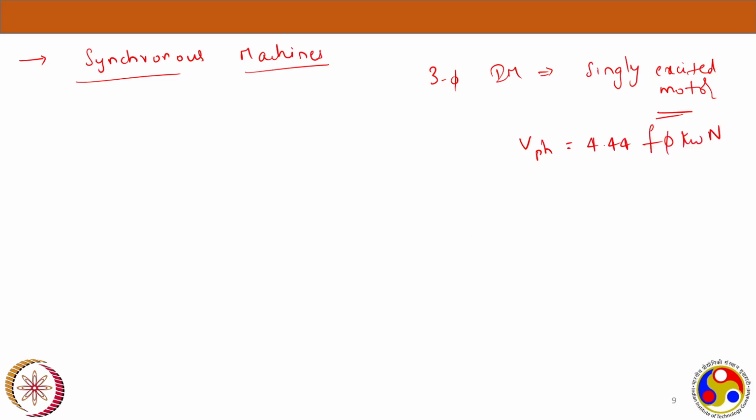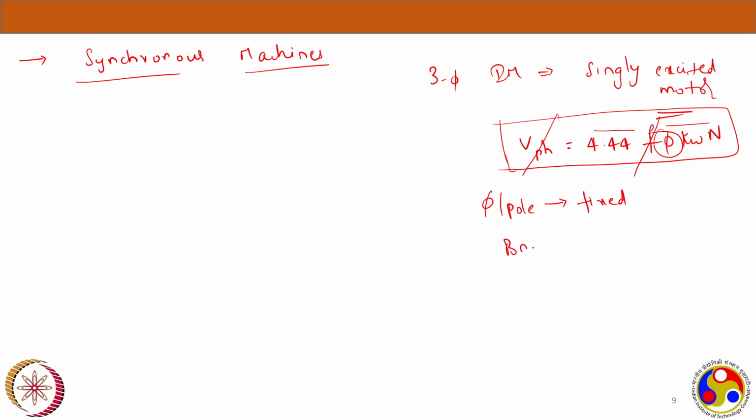You remember this? Once we have fixed the supply voltage and also the supply frequency, the rest are all constants only. So this flux is constant. Flux per pole here is fixed, right? If flux per pole is fixed, then my B net is fixed.